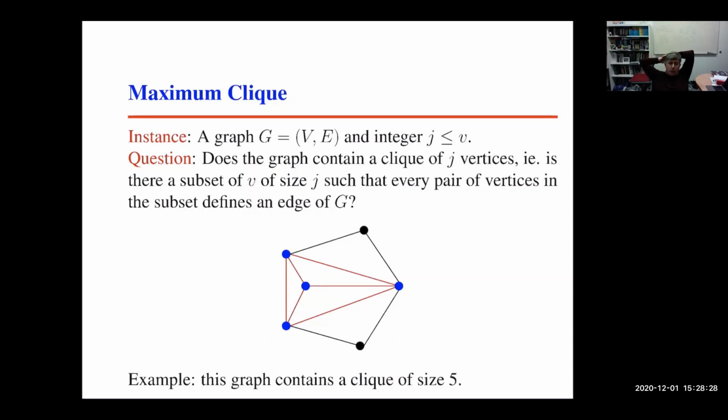Now, a clique problem is another interesting algorithm problem, which comes up in social networks. Let's say you're given a social network, like when you were in high school. I imagine you were in high school more recently than me. At least when I was in high school, there were cliques of friends.